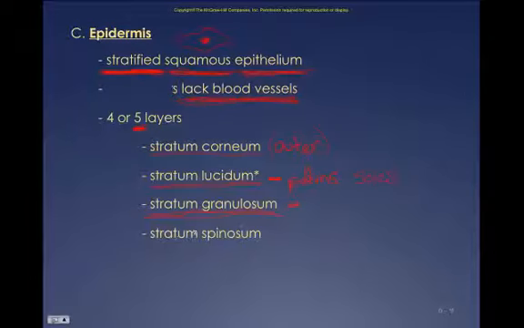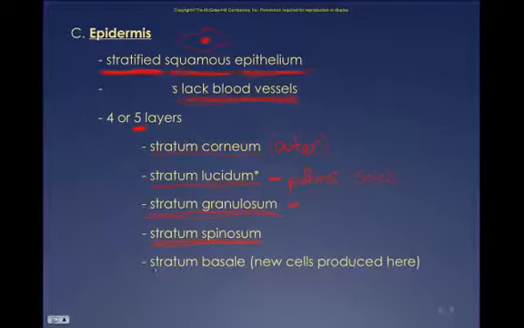Then there's the stratum spinosum, okay, where these are kind of developing epithelial cells. And so again, this is the layer where our epithelial cells are growing and developing into mature epithelial cells. And then we have the stratum basale.